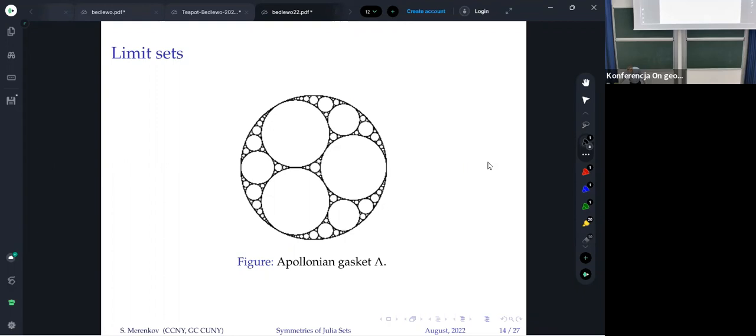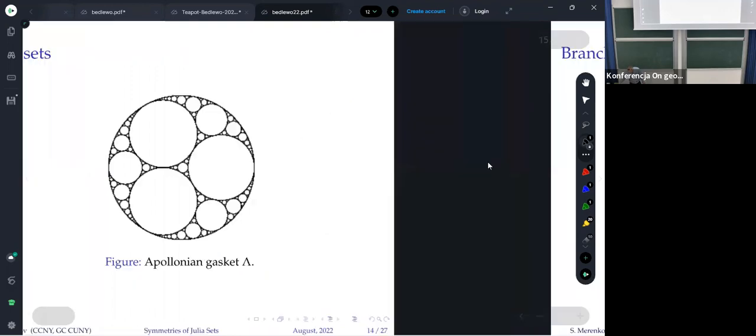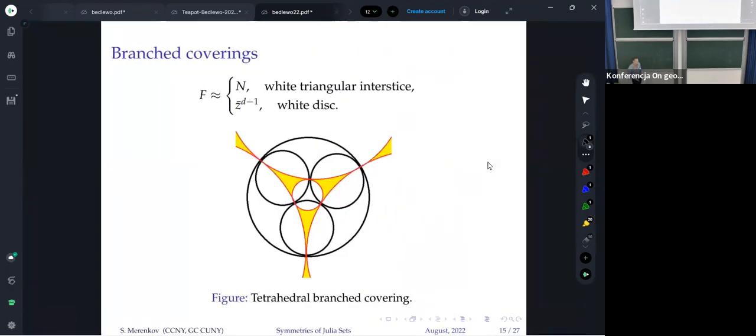Now, it was not our business to discuss quasisymmetries of limit sets, we wanted to have Julia sets. And to construct a Julia set out of a circle packing like this, the first step was to produce a branched covering of the sphere. Here is how it works for this very simple circle packing.